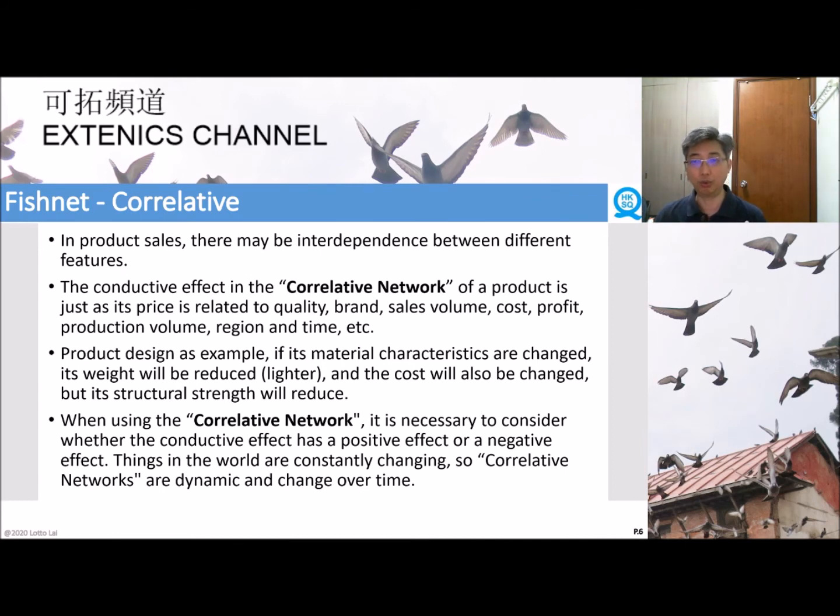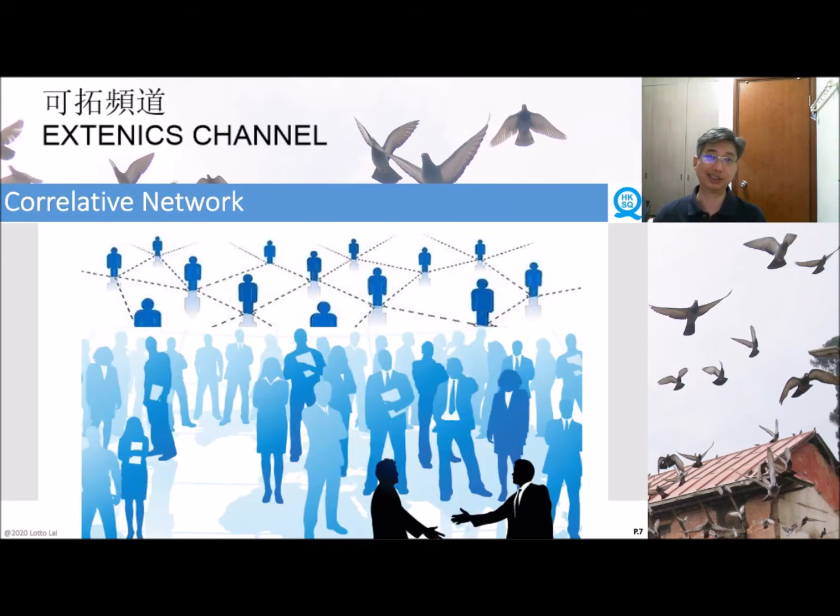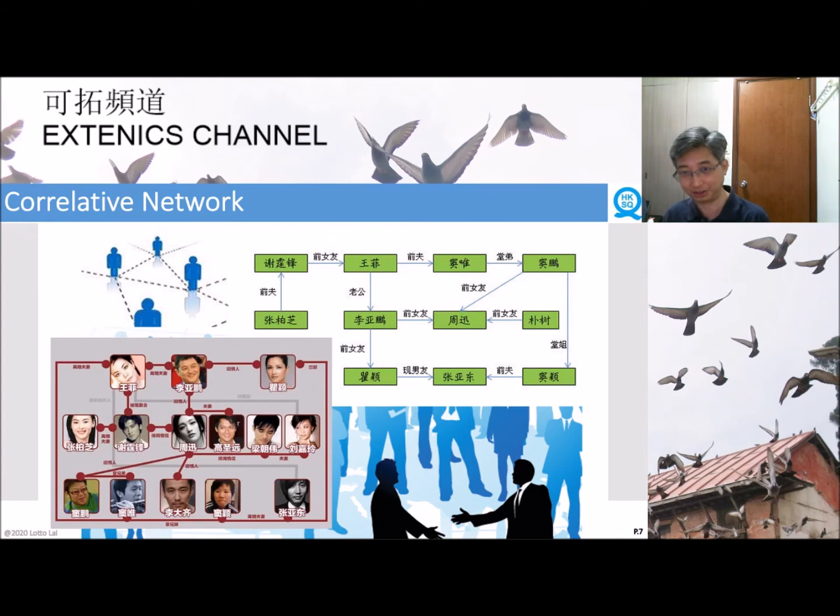Things in the world are constantly changing, so correlative networks are dynamic and change over time. For example, a correlative network is like the human relationship network. One interesting example among Chinese people is the superstar relationships, which are very complex like this.